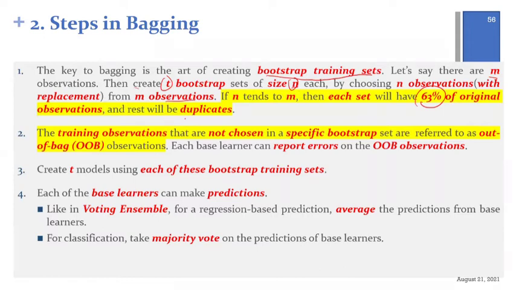Now, the training observations that are not chosen in a specific bootstrap are referred to as the out-of-bag, OOB, samples or observations. Those are kept as test sets at every iteration. Each base learner can report errors on the OOB observations. The advantage of out-of-bag is that we use those to determine whether each trained model is doing fine or not.